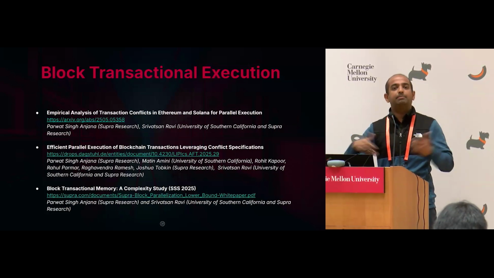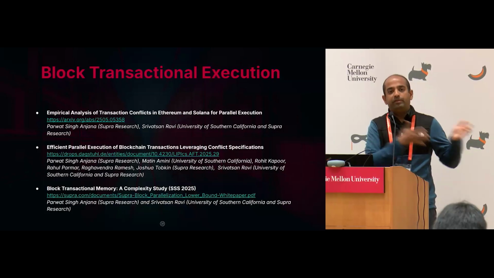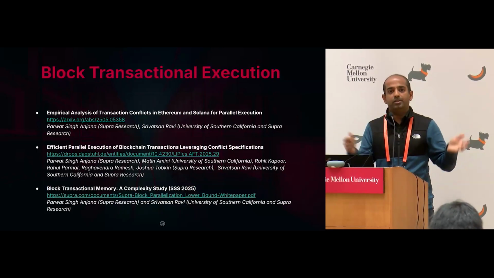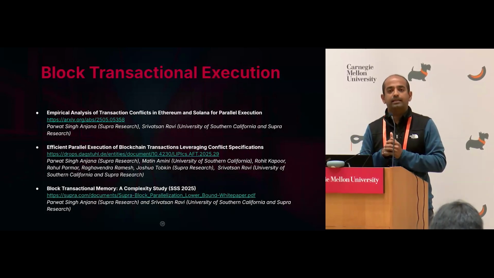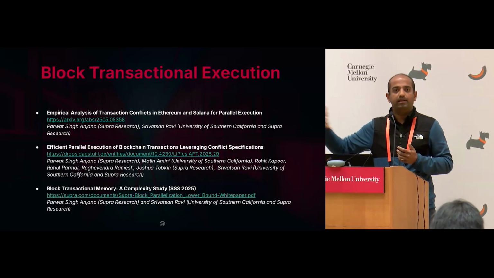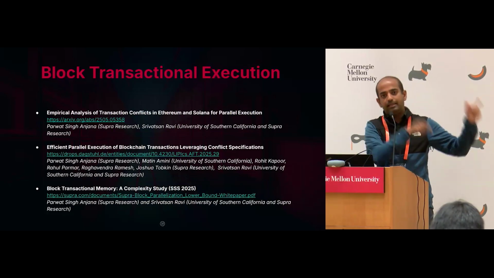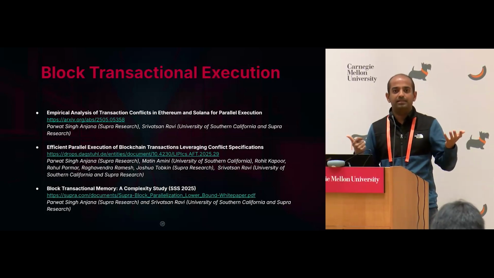But once people start deploying more complex smart contracts and more complex DApps, it turns out we do need bytecode decompilation techniques and full-blown static analysis techniques in order to get more fine-grained information, which turns out to be a little bit more costly, because if you add that up along with the cost of actual parallel execution, then you lose the benefits that you would want from parallel execution.